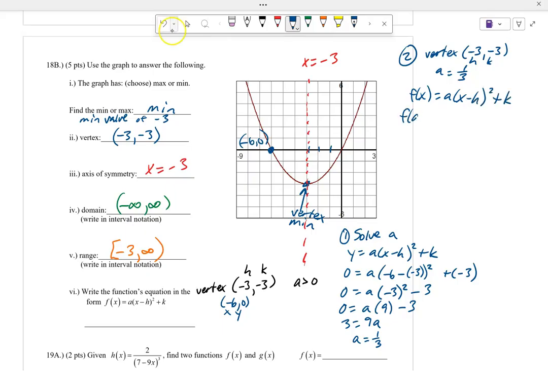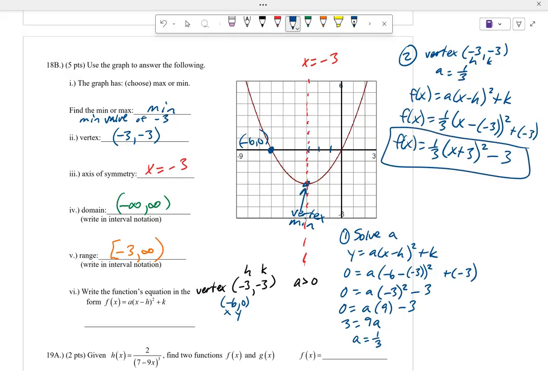Our a here is a third, x minus h squared plus k. And there's our vertex form. That's the equation for this graph.